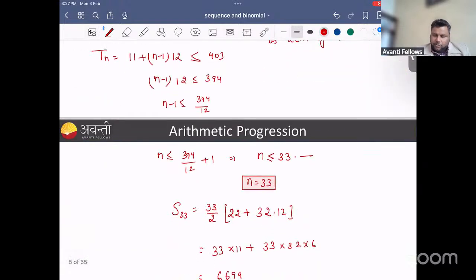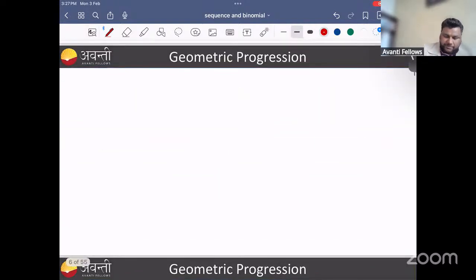Have a look at it quickly. Got it? Now, let's jump to geometric progression.